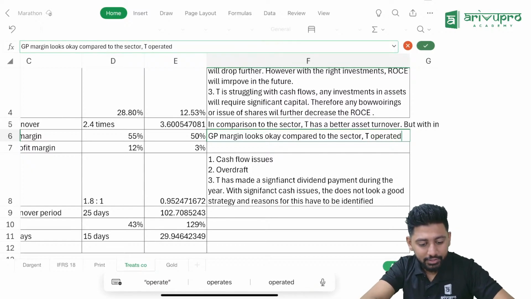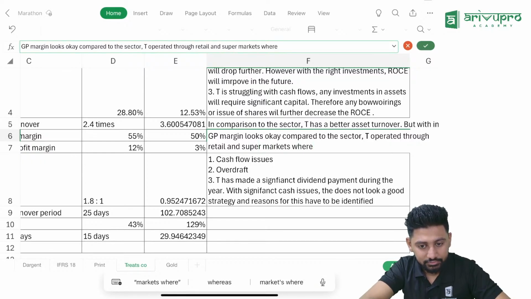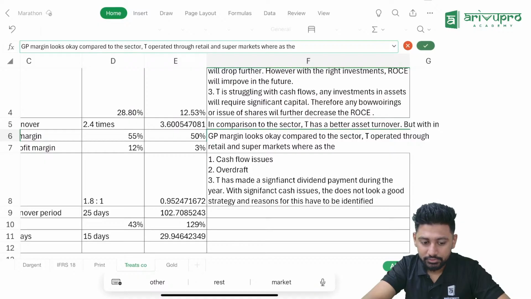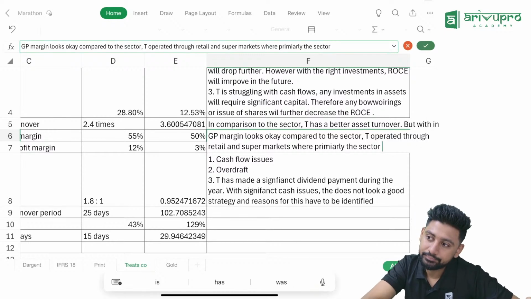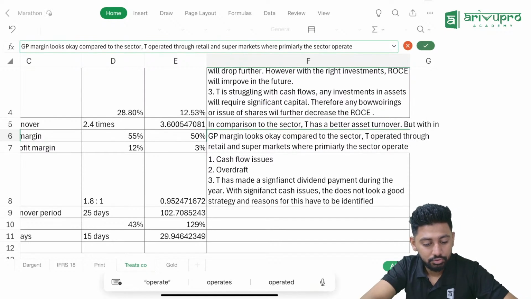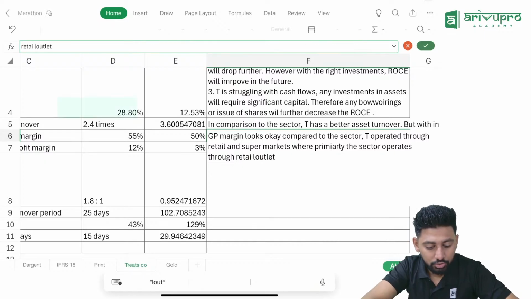Trade operates through retail and supermarkets, whereas primarily the sector operates through retail outlets.